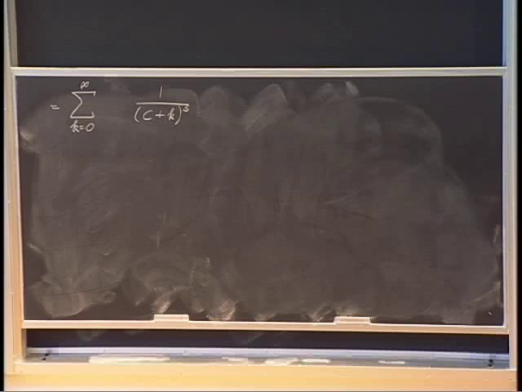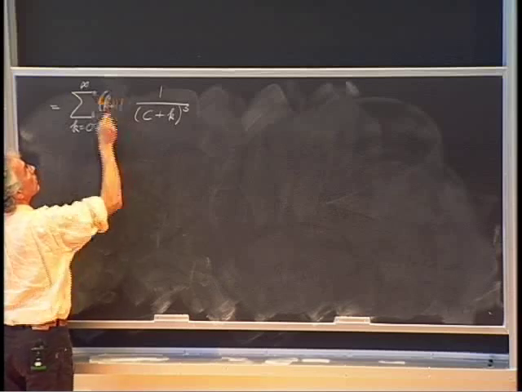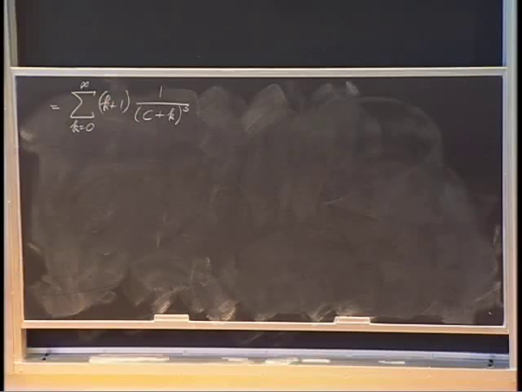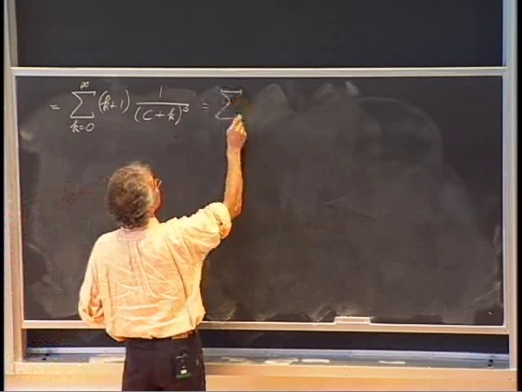And there are k plus 1 possibilities to do so, because m1 and m2 run between 0 and k, and there are k plus 1 possibilities to write the integer k as a sum of 2 integers running between 0 and k. And now you see where that allows us to rewrite Barnes in terms of Hurwitz.